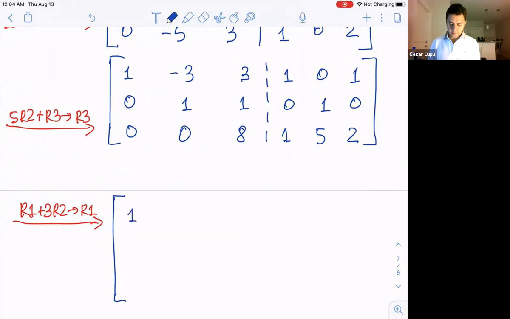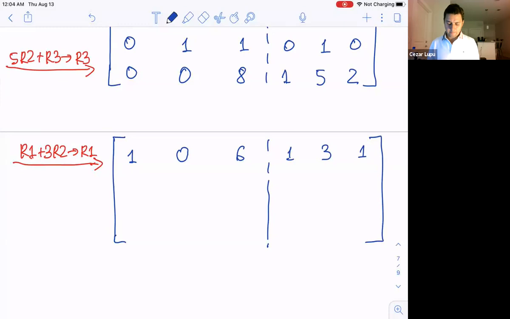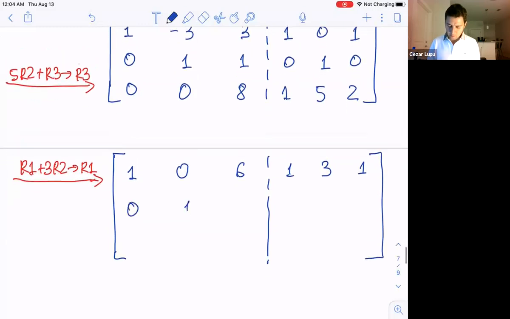So it will be 1, 0, 6, okay, 1, 3, 1. Right? And then the second, so it will be 0, 1, 1, 0, 1, 0, 0, 0, 8, 1, 5, 2. Okay, and now guess what? Everything looks very nice, almost there.